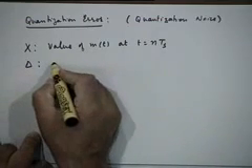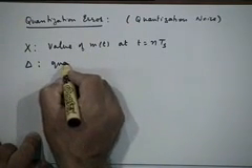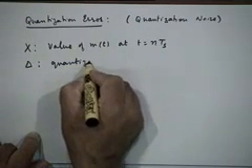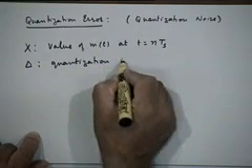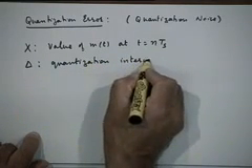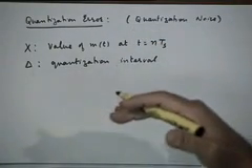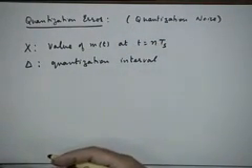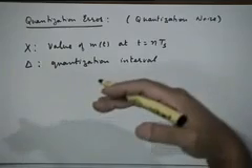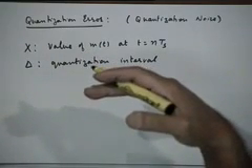Denote by delta the quantization interval. We will assume that your signal amplitude varies between some fixed values, let us say from some value a to some value b, and you have divided that interval of values into q intervals, q subintervals, right.